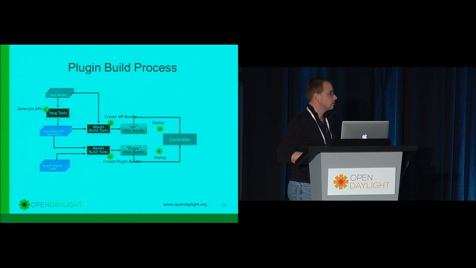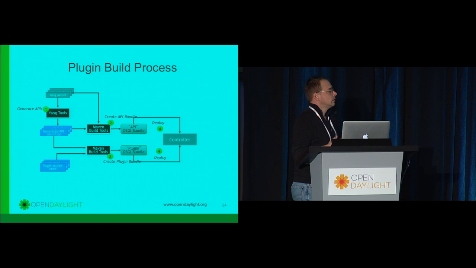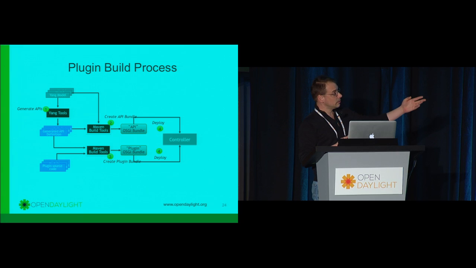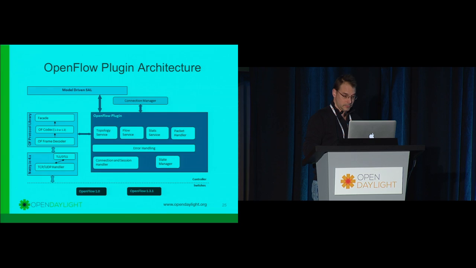The API gets loaded into the OSGi bundle. The controller, as you'll see, is an OSGi container with a variety of bundles loaded into it. Both the plugin and the API get loaded into the bundle and deployed into the controller. So again, it's a fairly automated process.